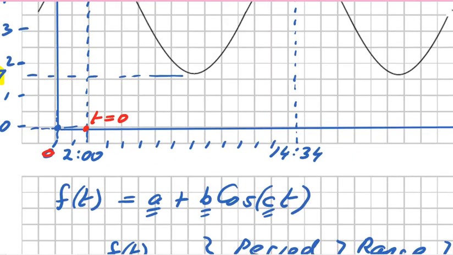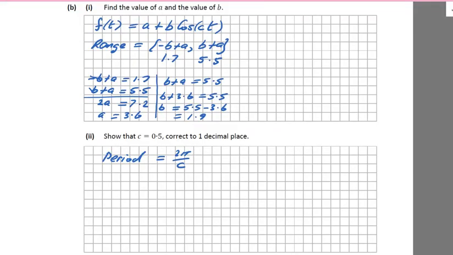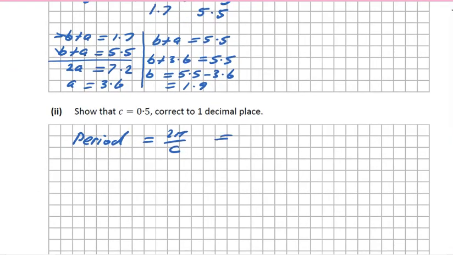So from 2 o'clock until 14:34, that's a gap of 12 hours and 34 minutes. So that's the period of our function.